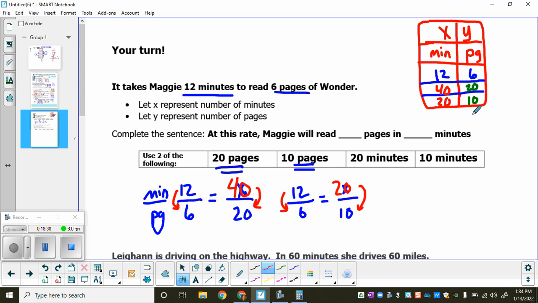This rate of change is the 1/2. And right here, I don't see 40. So 40 is not anywhere, so I can't pick this one. Looks like Maggie will read 10 pages in 20 minutes. And if you don't believe me, that's this answer right here. We said 10 pages in 20 minutes. Okay?